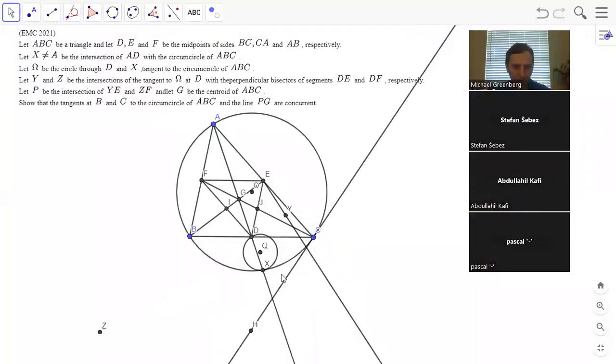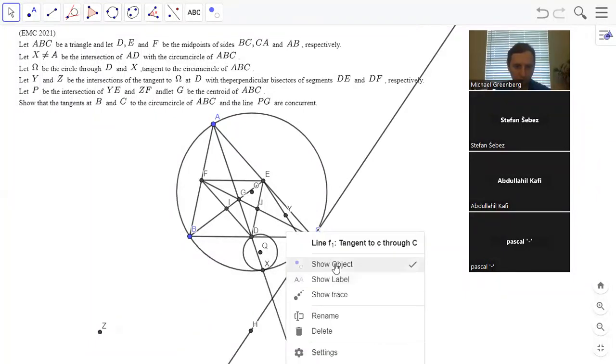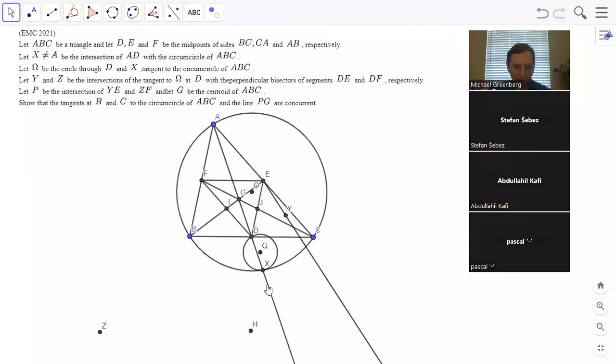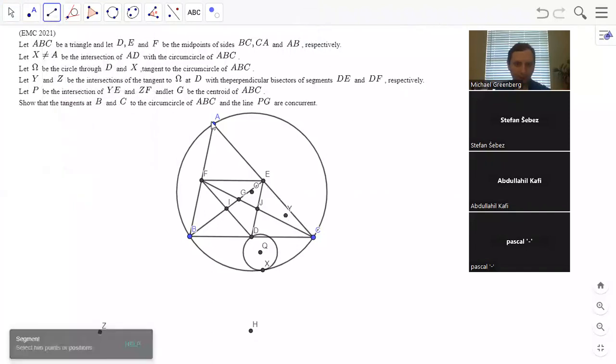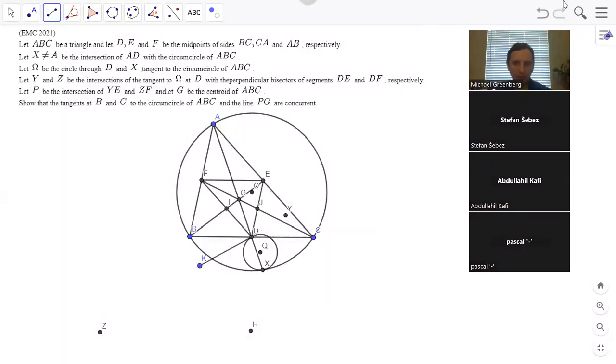It's just too much. Okay. So we have this. Then we draw the tangent at D. So it intersects the perpendicular bisectors at X and Y.